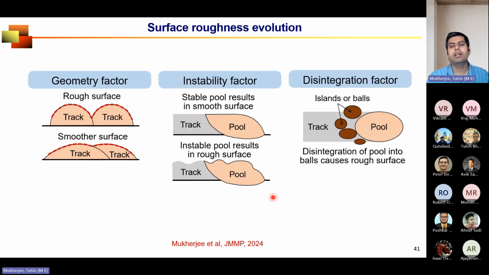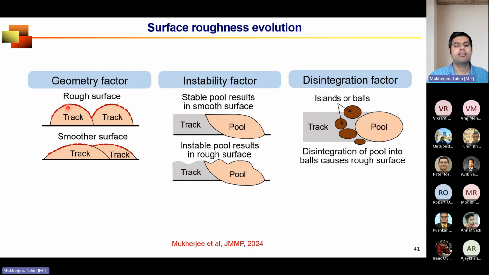What might be a better approach? Going back to basics and try to understand how surface roughness form in additive manufacturing. This is another work we published last year. So we identified that there might be 3 reasons in additive manufacturing because of which surface roughness happens. Geometric factor.